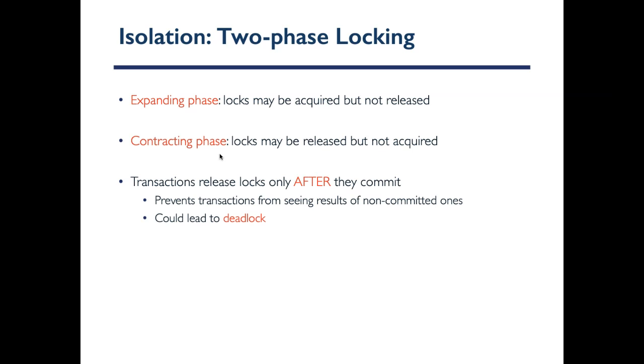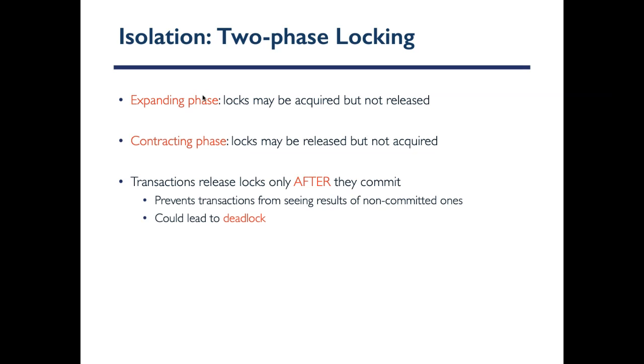So if we make all our transactions implement two-phase locking with the constraint that they cannot release their locks until after the entire transaction is committed, you will definitely get two-phase locking. So all the way to the end of the transaction, your transaction can only acquire locks.